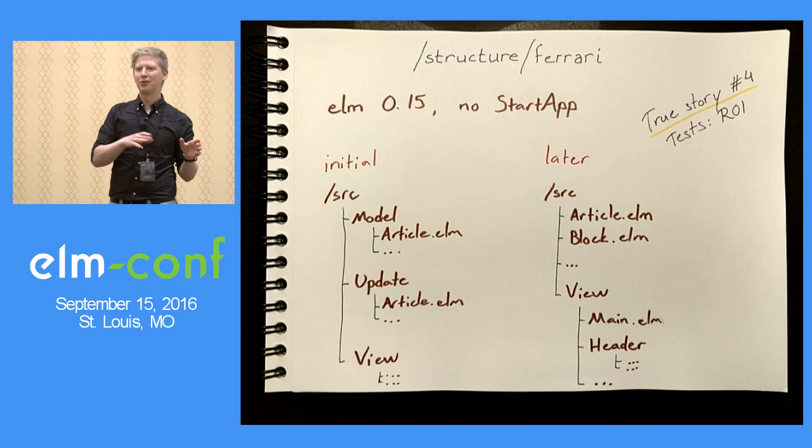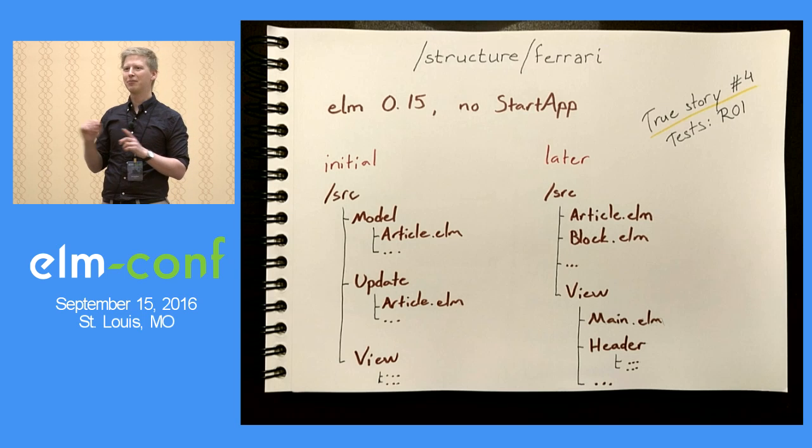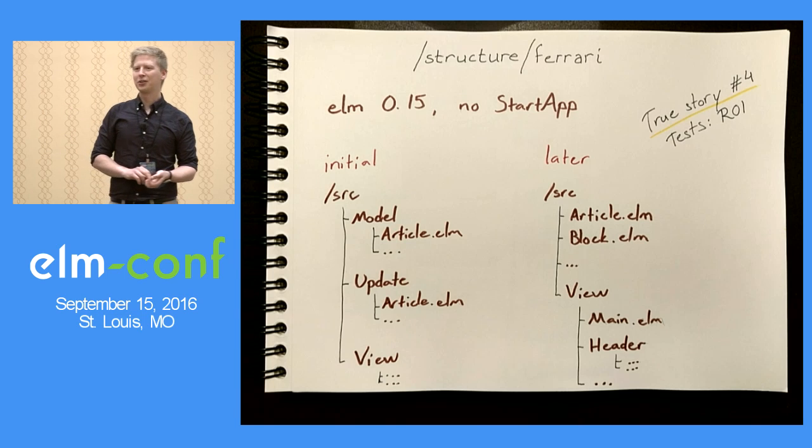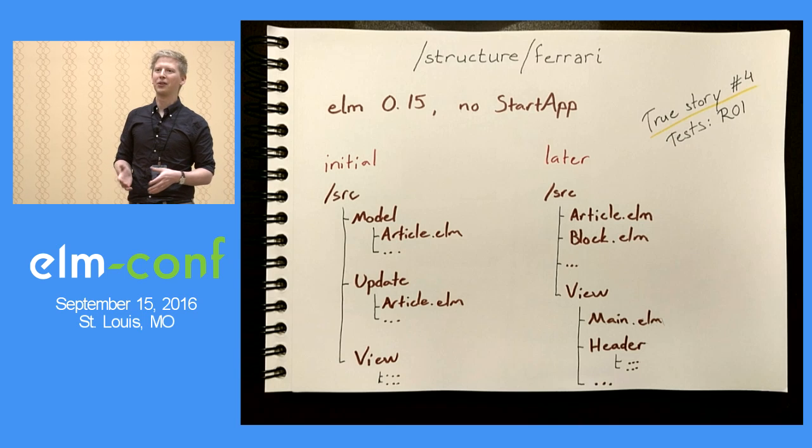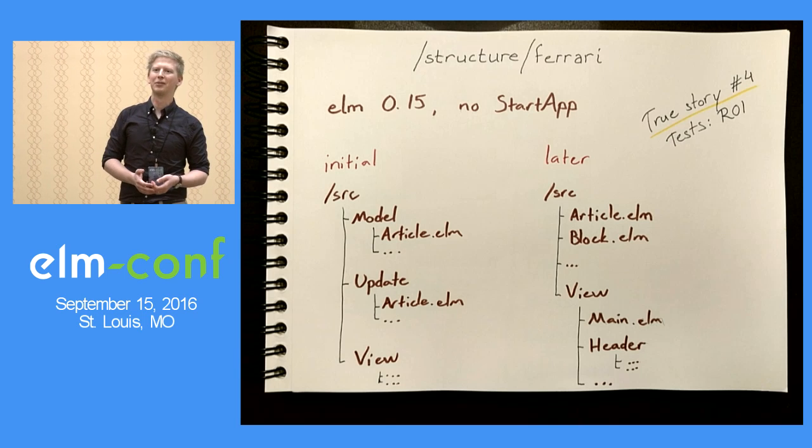One of those was the model, one of those was the update, and one of those was the view. But even though the directory structure was okay, it was pretty much impossible to work with those file names.